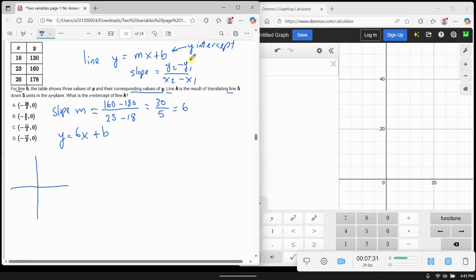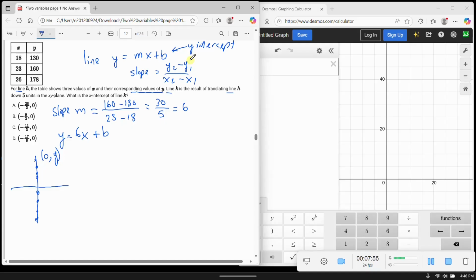The y-intercepts are those points on the y-axis. So let's say we're talking about multiple lines. All the points on the y-axis, we call the y-intercept. The y-intercept always has the x value at 0, and whatever the y is, we don't know.